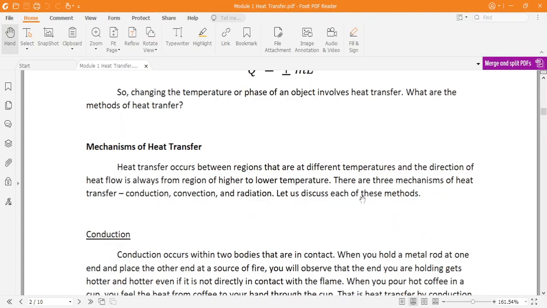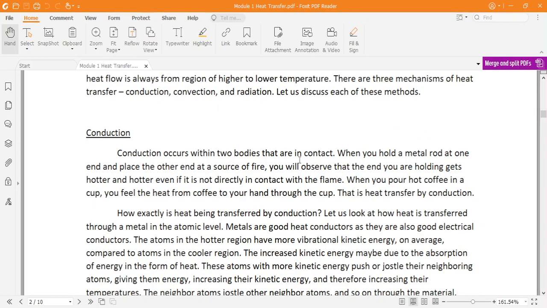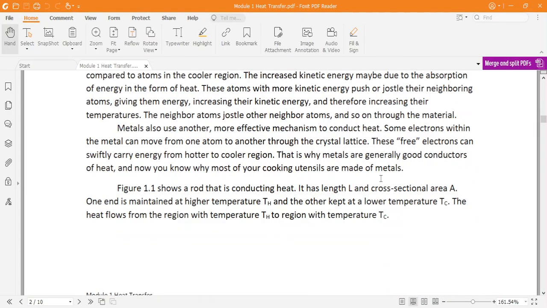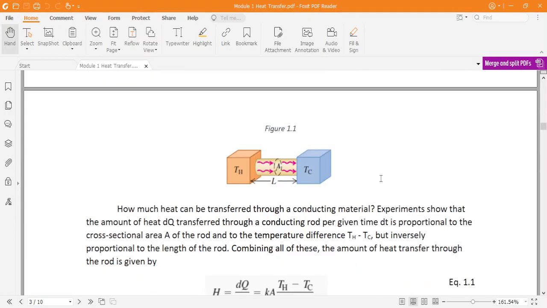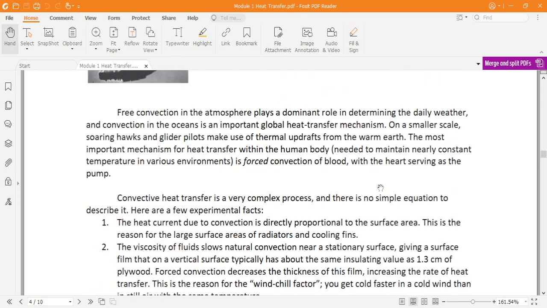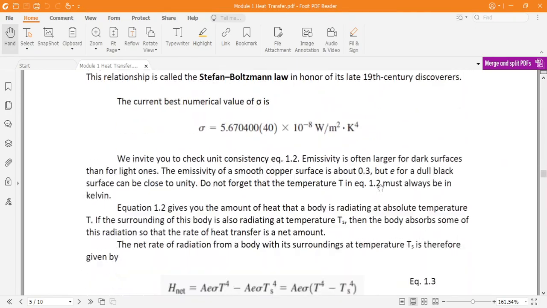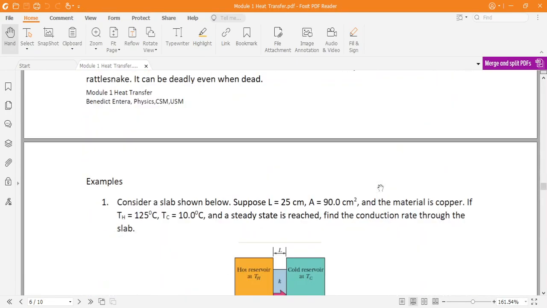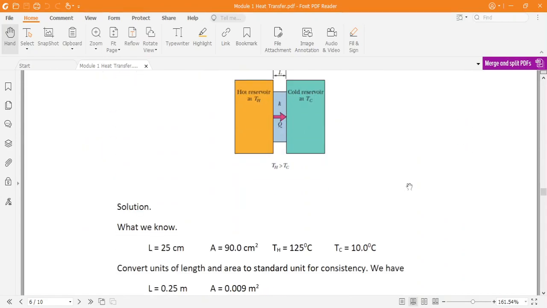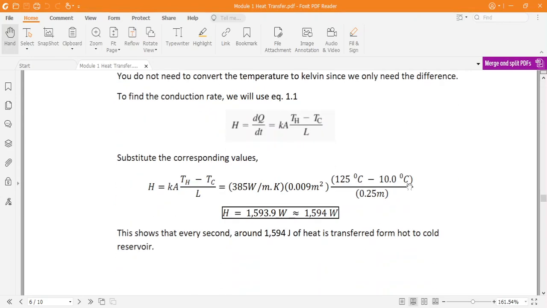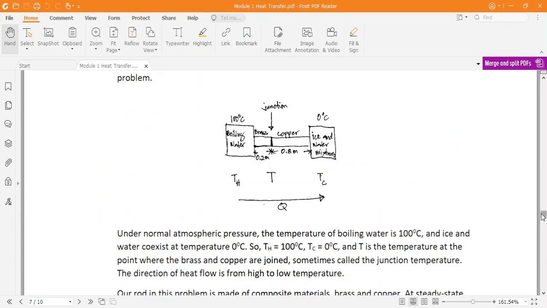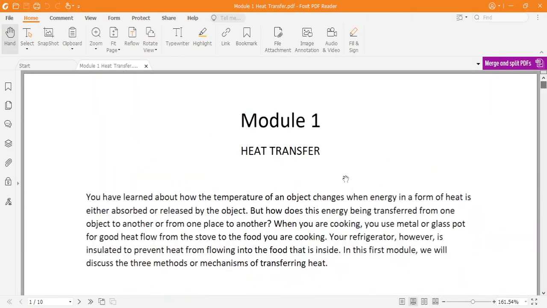And then we have the three mechanisms of heat transfer. Each of these mechanisms is described, and then convection, radiation. Then we have examples of these problems, word problems, as examples of these mechanisms. So let us review this topic.